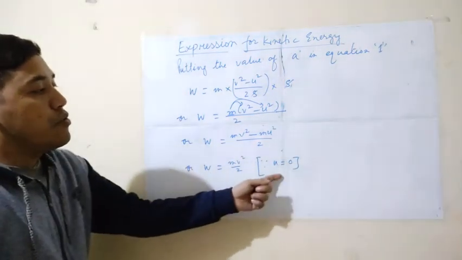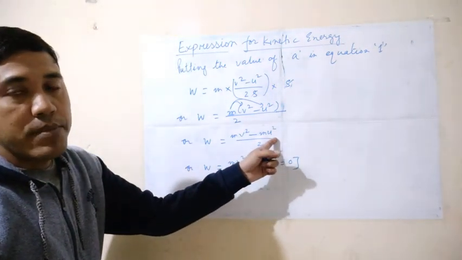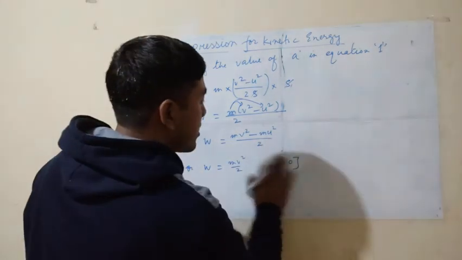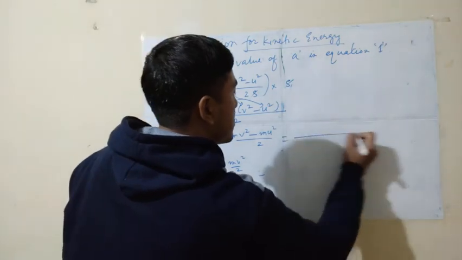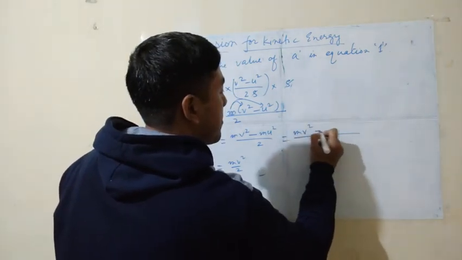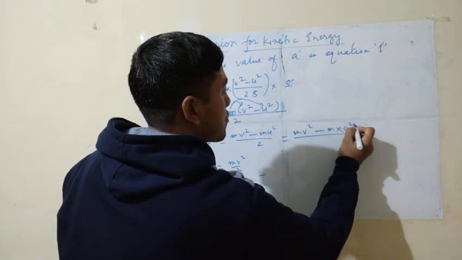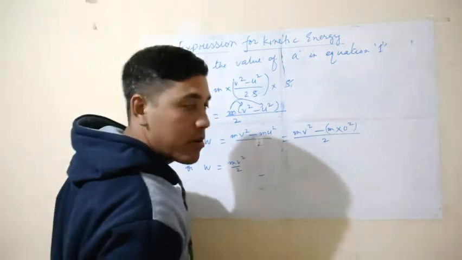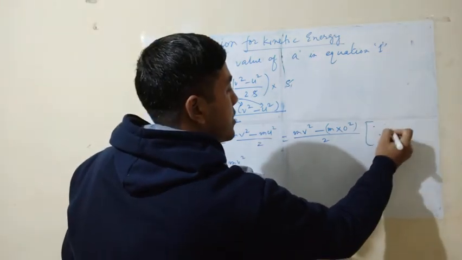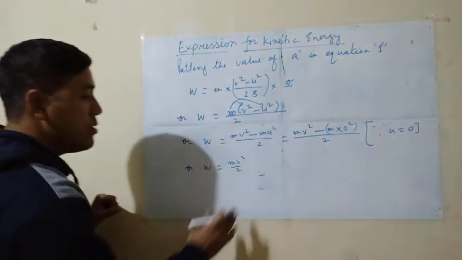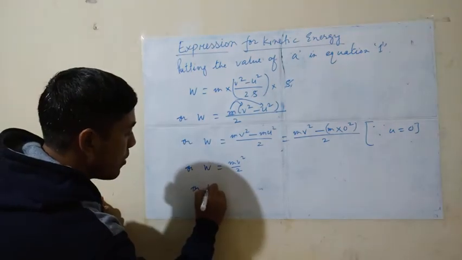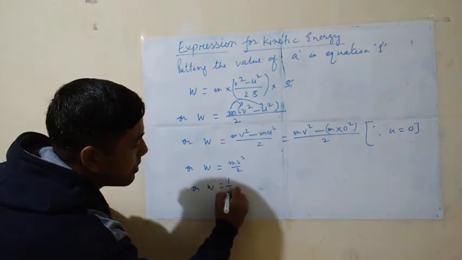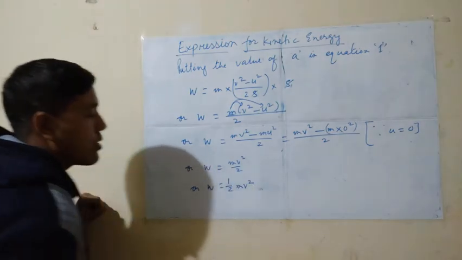If u is equal to 0, then MU square will become 0. That means MV square minus M into 0 square by 2 becomes 0, since u is equal to 0. Now work done is equal to, we bring this 2 in the front side, it becomes 1 by 2 MV square.